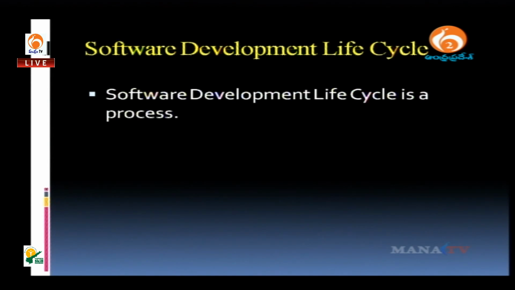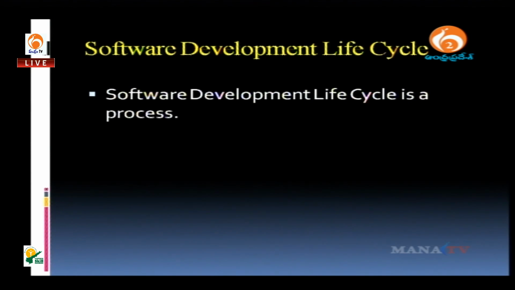Now we will see the definition and the goal of the software development life cycle. The goal of the software development life cycle is that it is a process to give the best software to the software market.